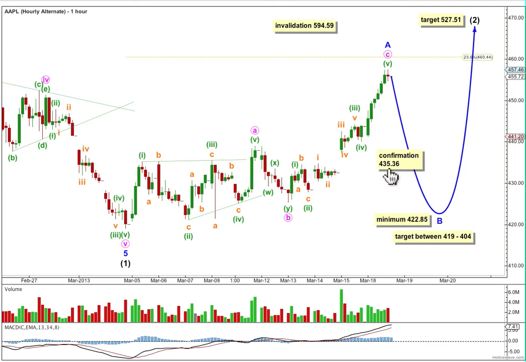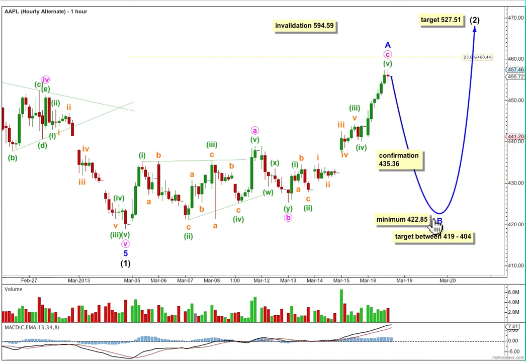So if price moves below 435.36, there's a really good probability it'll keep going down to at least 422.85, and most likely to end between 100 and 138% the length of wave A, between 419 and 404.